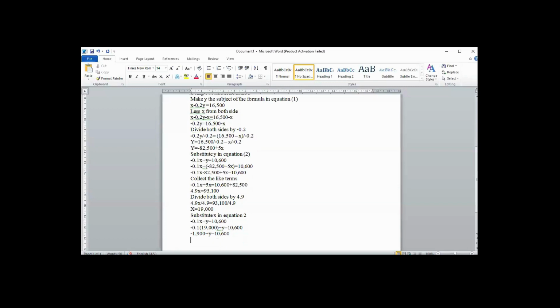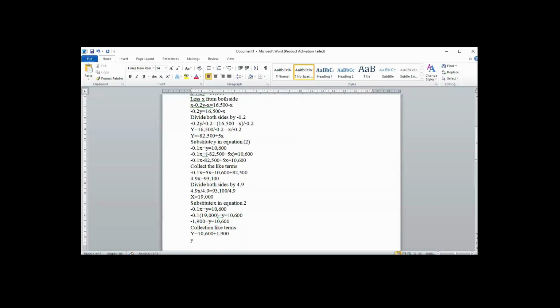The next thing is to collect like terms. Then we have y equals 10,600 plus 1,900. Addition of the two gives us 12,500.